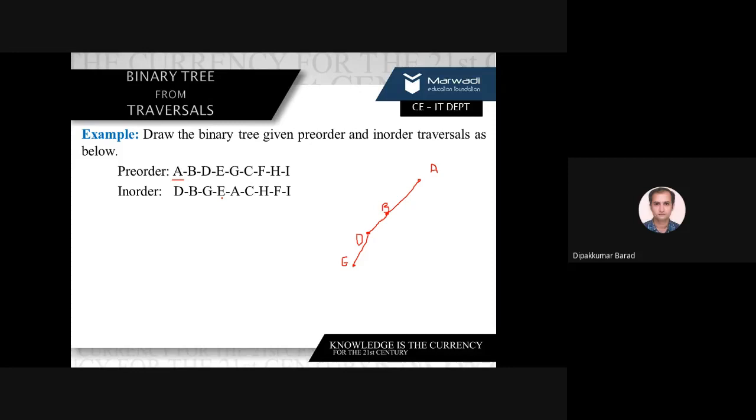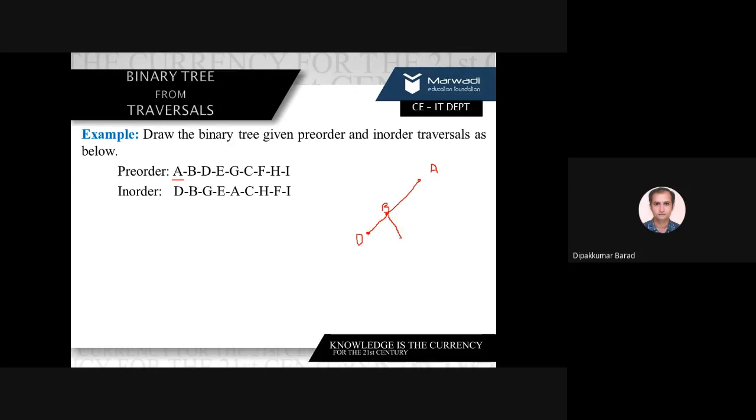From the in-order, we get DBGE, which are part of the left subtree, and from pre-order we can say B is the root of it. Now G and E are on the right side of B in in-order.